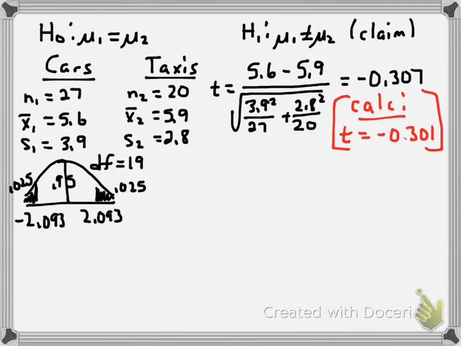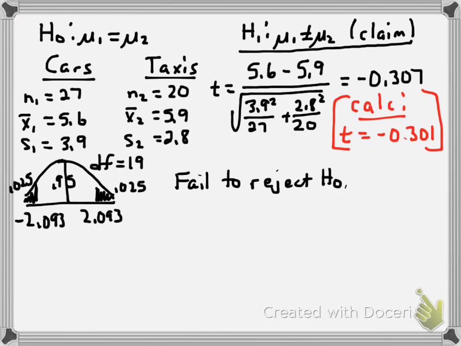So the test statistic, whether you use negative 0.307 or negative 0.301, is in between the two critical values and not in either critical region. So therefore, we fail to reject the null hypothesis. So our claim is with the alternative hypothesis.